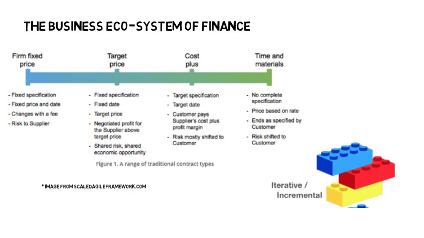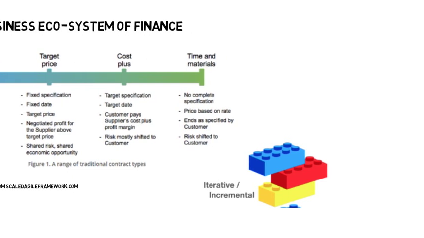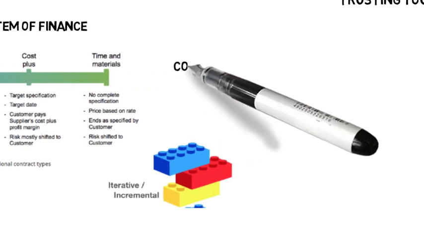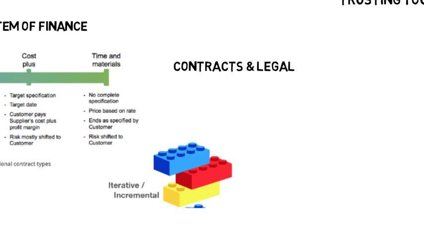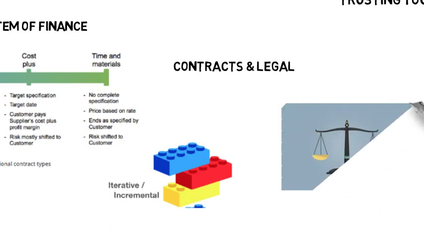Incremental and iterative types of contracts, things like money for nothing and change for free, are a very good way to go here. The diagram, of course, comes from ScaleAgileFramework.com. And we can see for contracts and also legal considerations, we want to make sure that our contracts actually align with what we need from a legal perspective. So as we're laying these out, they do align with these Agile principles and structures, and we want to make sure that we are dealing with that on the legal side as well.